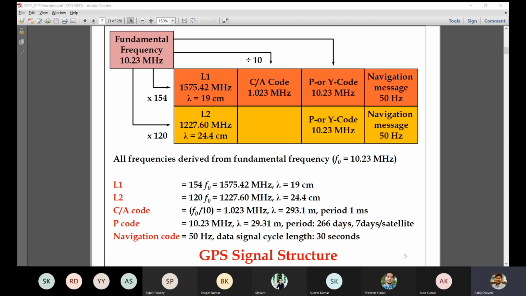If you properly understand the right-handed circularly polarized waves, you can always understand it: if you take your right hand and make a movement forward in a circular pattern, just like that, it is called circularly polarized.